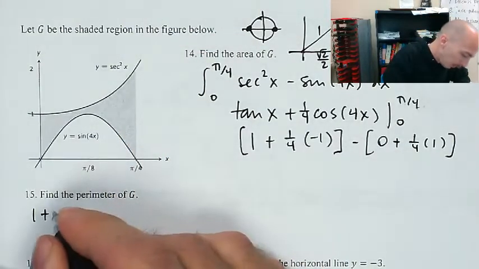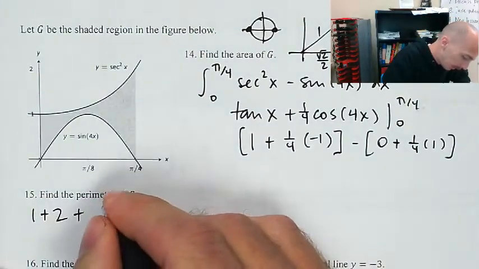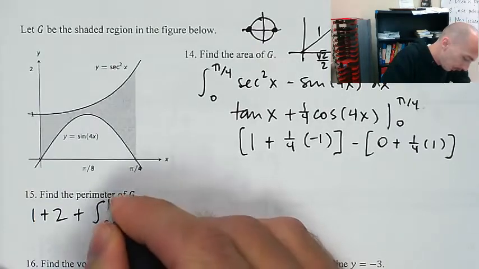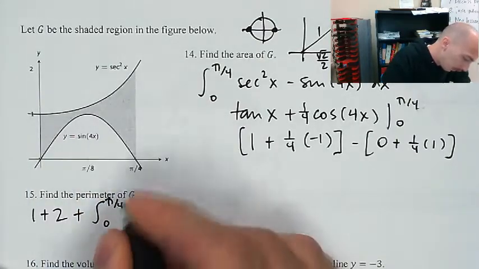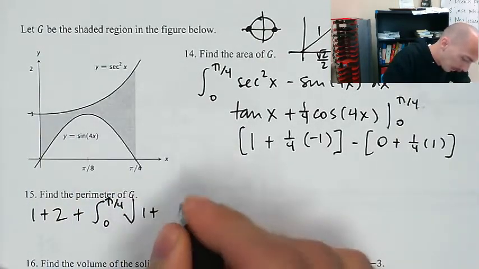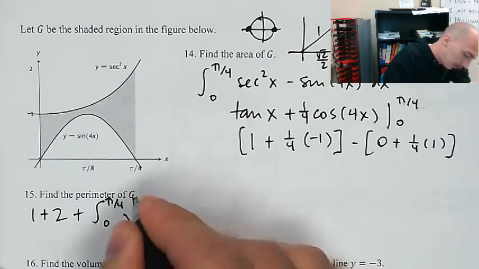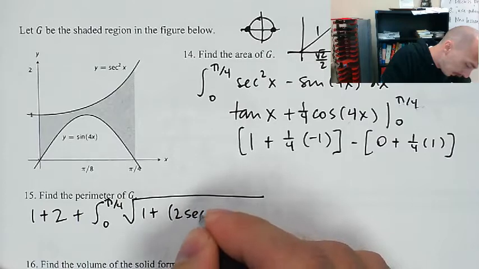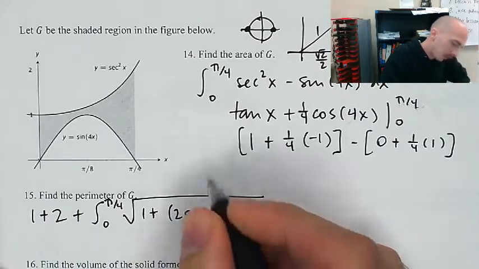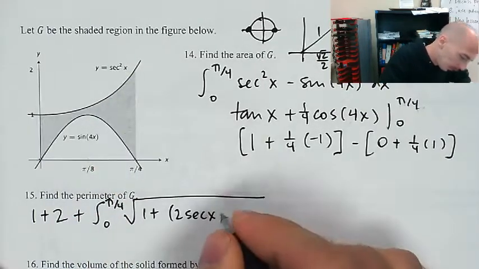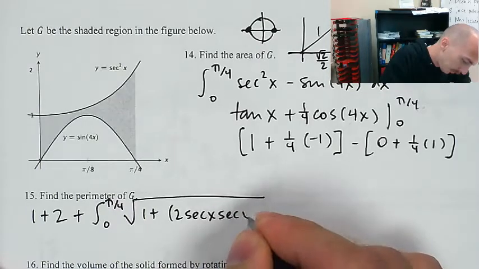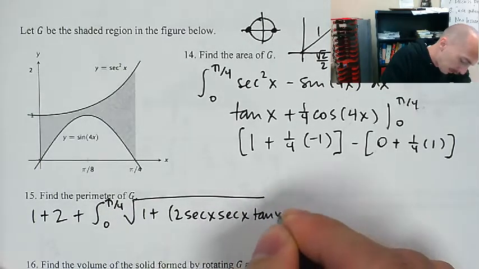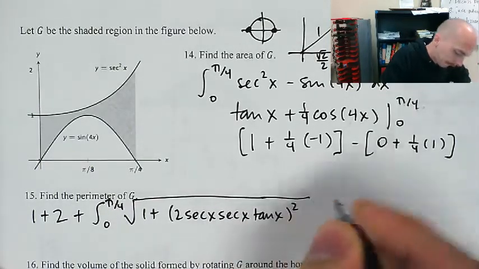Okay, so I've got 1 plus 2 plus the integral that represents the arc length of y equals secant squared x: the integral of the square root of 1 plus, all right, the derivative of secant squared x, which would be 2 times secant x to the first times the derivative of secant x, which is secant tangent, squared.